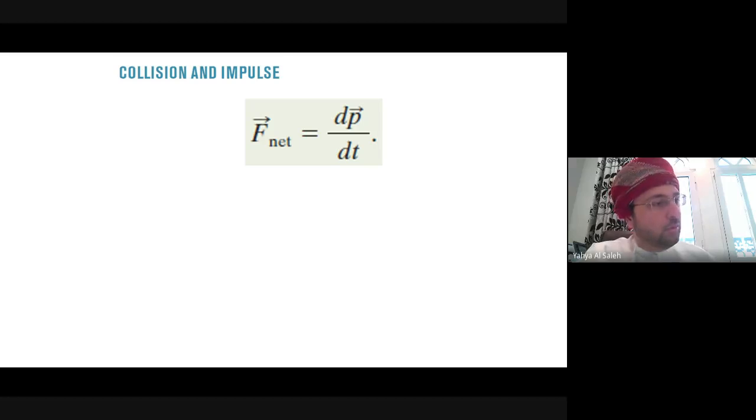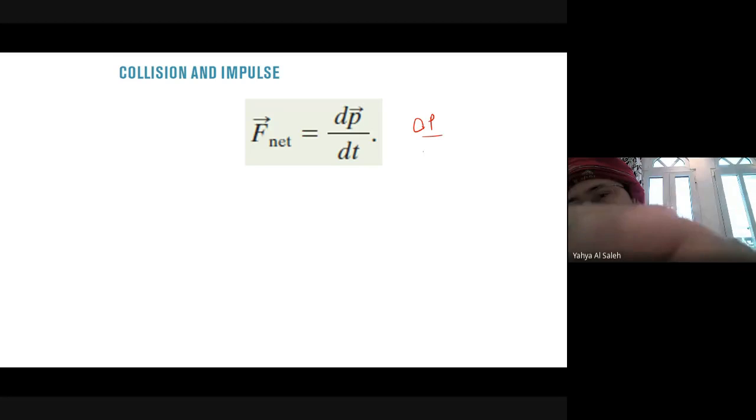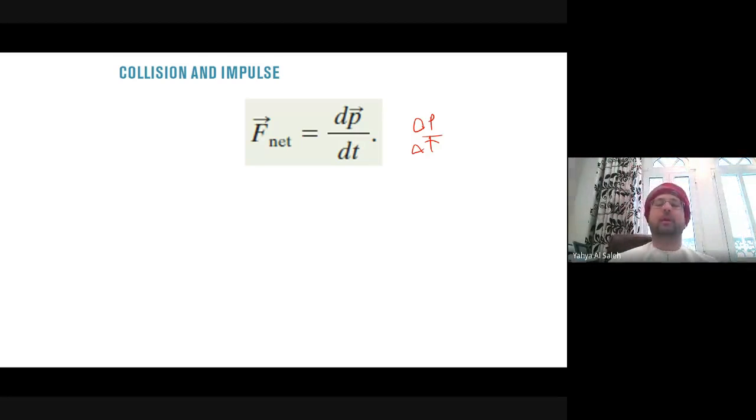Good. Most of you, or whoever answered the question, answered quite a bit of it correctly. Since it is dp over dt, or a very crude approximation would be delta p over delta t, when you're slowing something down, you're changing its velocity, which means you are changing its momentum.